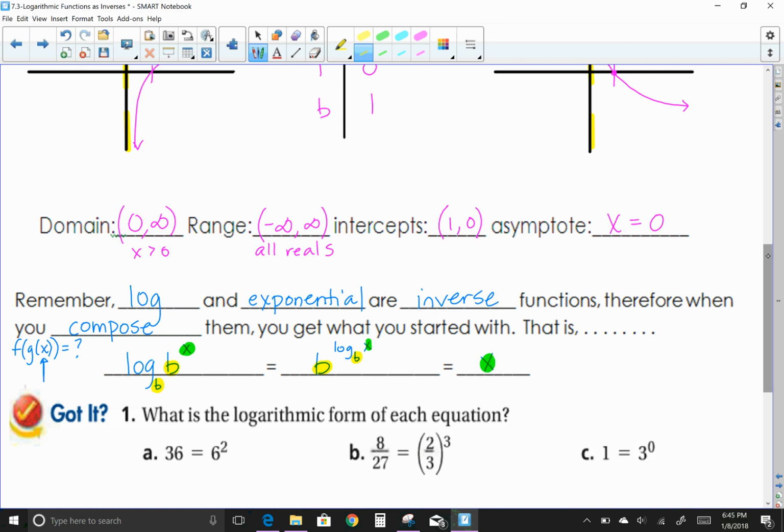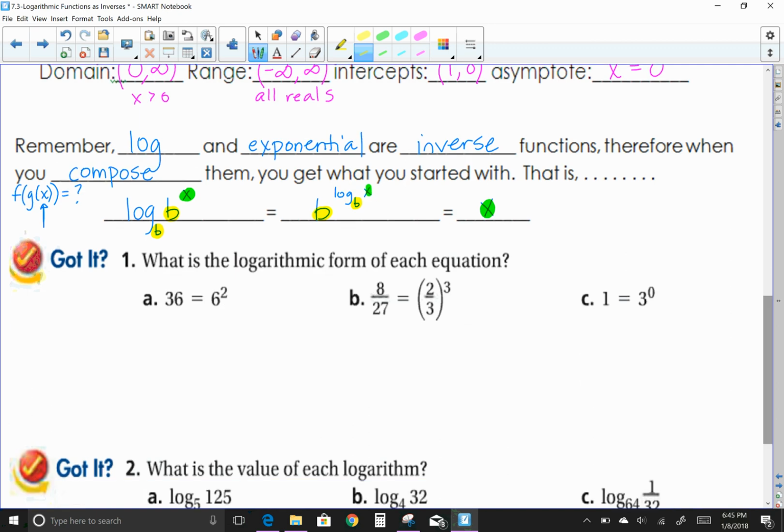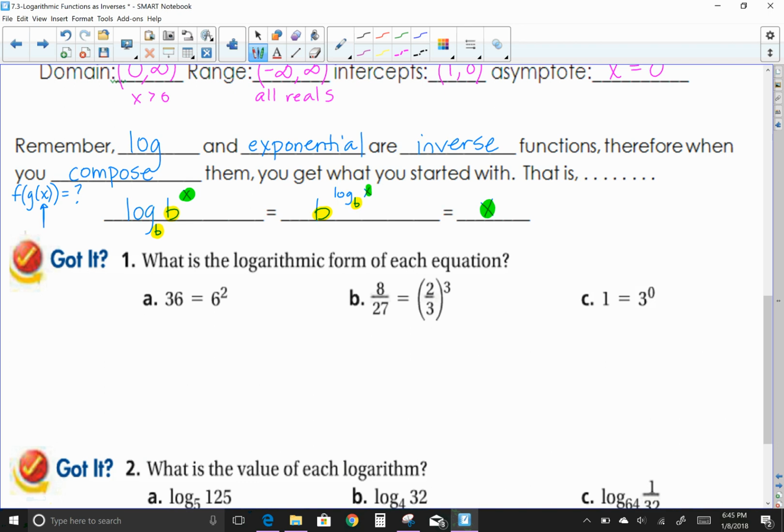Okay, but before we do some of that evaluating, we're going to make sure you know how to get back and forth between each form. So we're going to start off. It's asking us what is the logarithmic form of the equation. Okay, if I'm looking for the logarithmic form, then I'm going to have log in my answer.